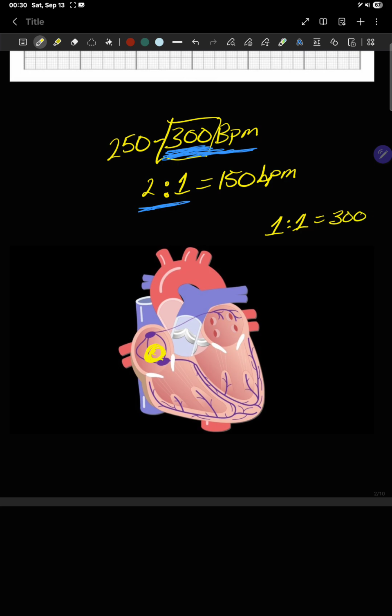Because for every beat this tries to send, the AV node takes, doesn't block any. So if I'm sending 300, the AV node takes all 300, and then the ventricles get all 300.